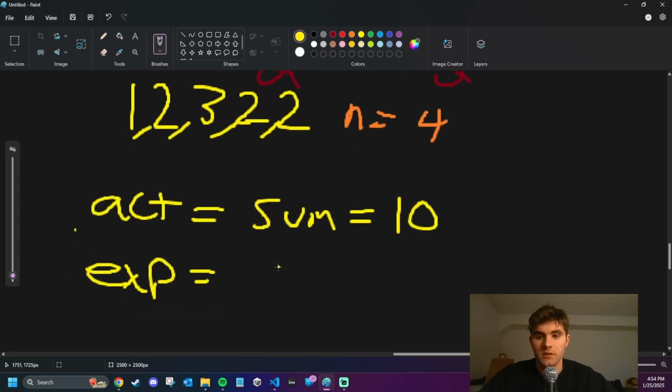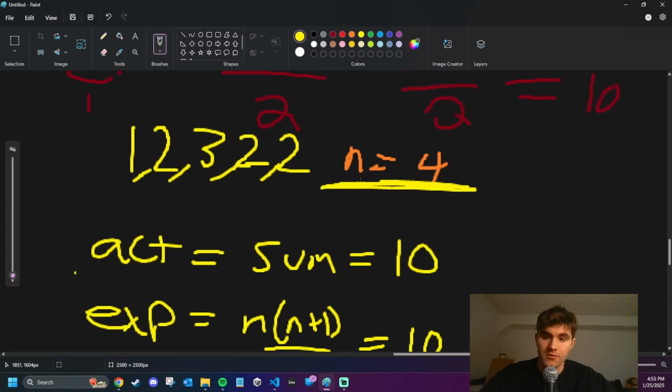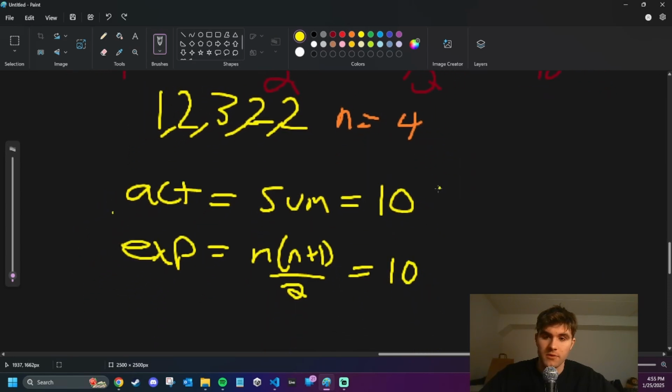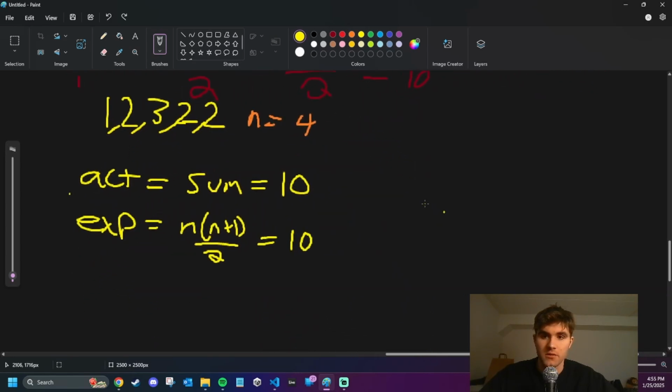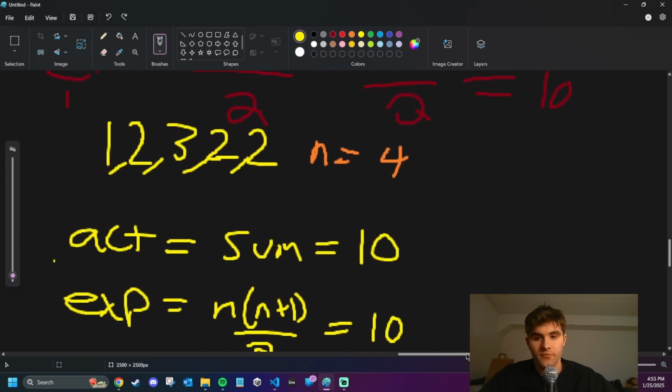So n times n plus 1 over 2, which in this case equals 10. So for this to be true, let me draw out a table, right? So if the actual sum is 10, that means it's 0. So the difference is 0.